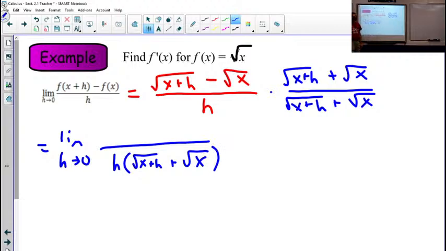Not very promising for us on the bottom. But on the top, we have the square root of x plus h minus the square root of x, times the square root of x plus h plus the square root of x.